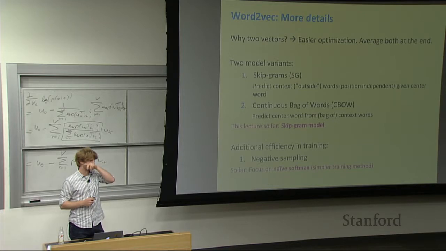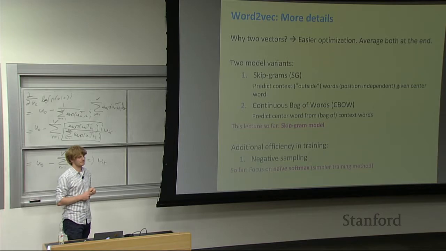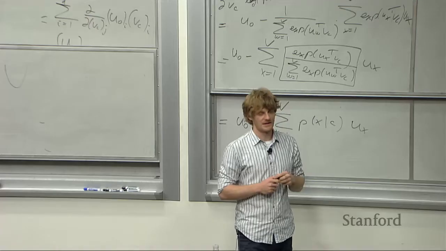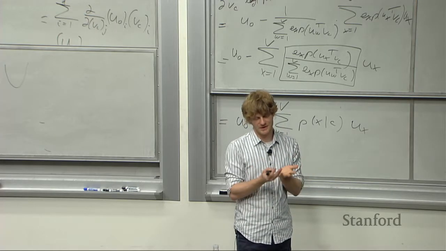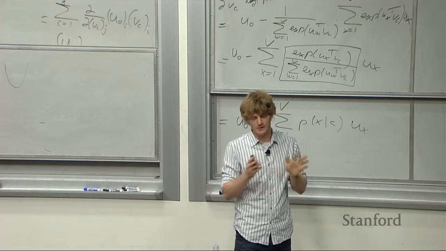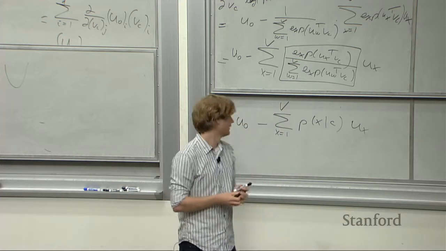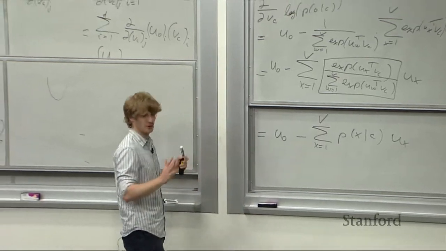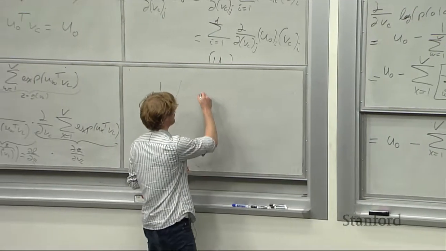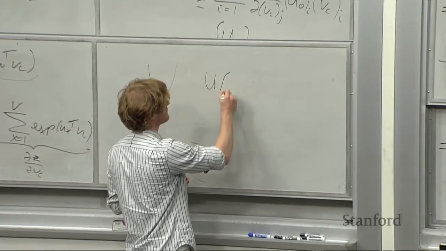Yeah. Since you average them in the end, like the 2 copies of each vector, do you initialize them as the same value to begin with, so they kind of get stuck in similar local optima? That's a good question. How do we initialize all these word vectors? In most cases, you actually want to initialize them very randomly. And we'll go into a lot of details because initialization of a lot of non-convex optimization problems becomes an issue.